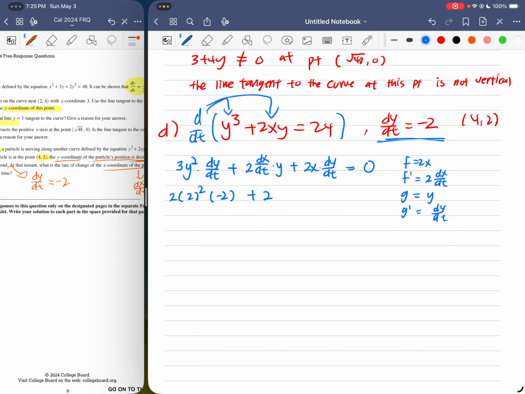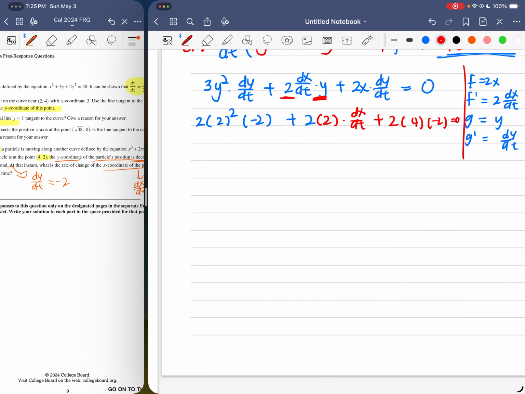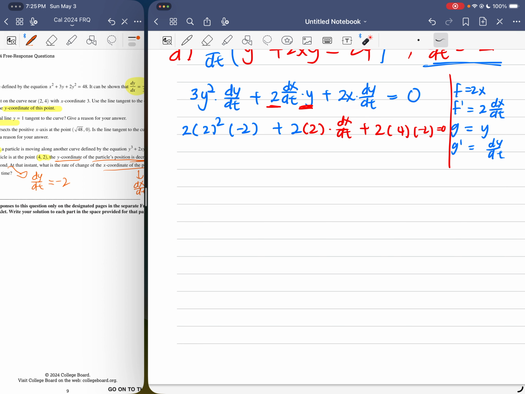I don't know what that is, but I know y is equal to 2 times dx/dt plus 2 times x, which is 4, times dy/dt, which is -2. That should be equal to 0. So instead of each variable, I just plugged in the number. This one, I just put at the end because that looks nicer.